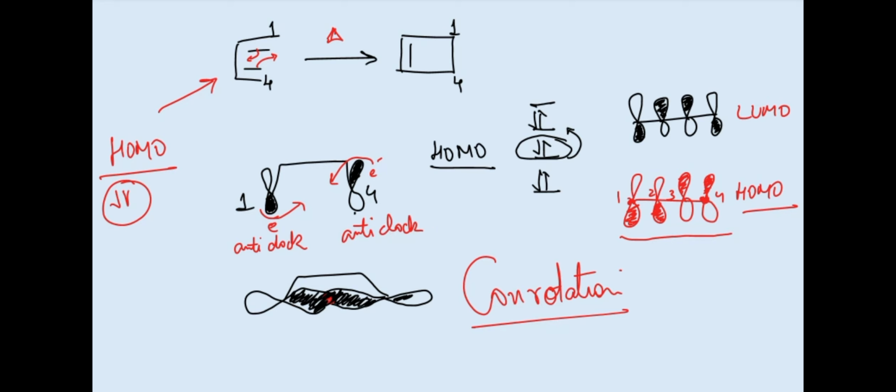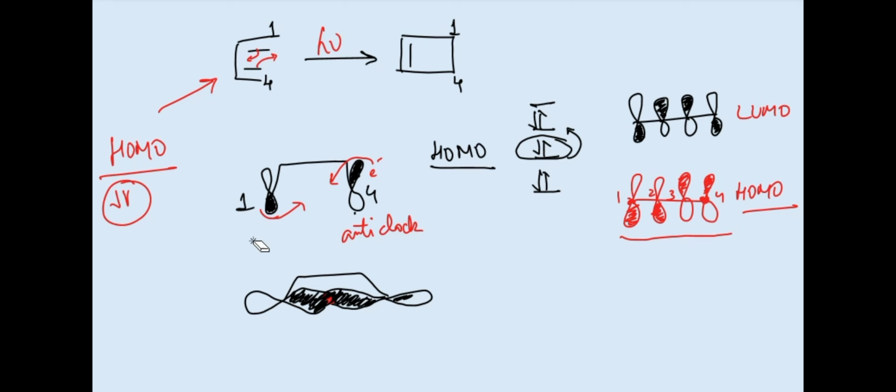Now there's another interesting example, which is the electrocyclic reaction in the presence of light, in the presence of h nu. The product formed is the same, but the mechanism is slightly different.